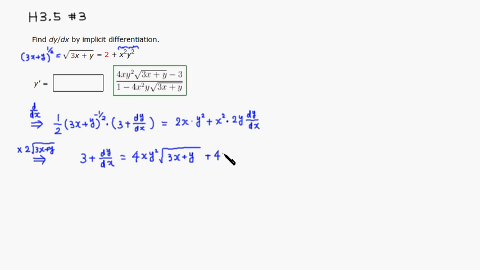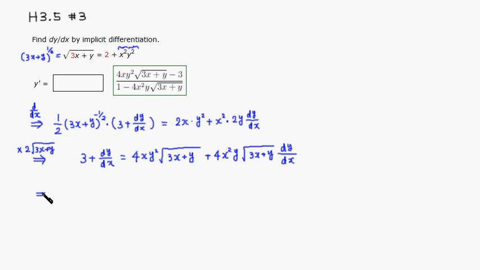Then you have x squared y, then you have a square root of 3x plus y, then you have a dy over dx, right? Then what we're gonna do is I'm gonna put all the terms with dy over dx on the left hand side. Everything else will be on the other side, right?